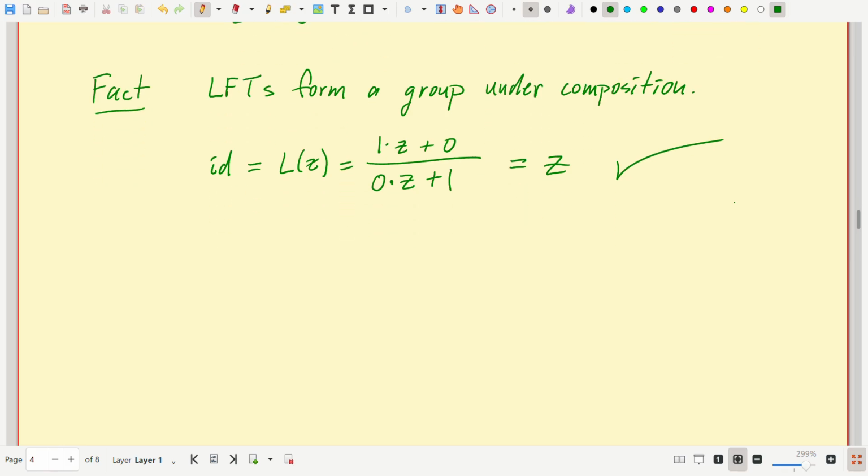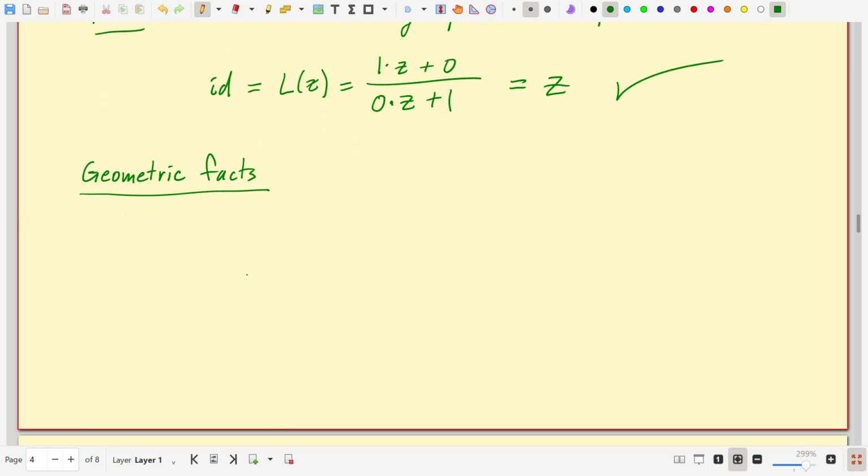Okay, so that's the algebra facts. The next thing I want to think about are the geometric facts. And that's where they get interesting and fun. Here's a geometric fact: LFTs map lines and circles to lines and circles.